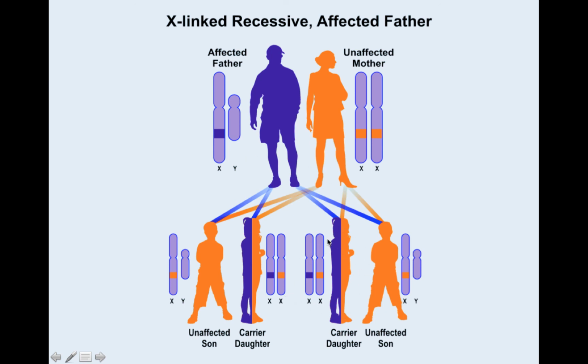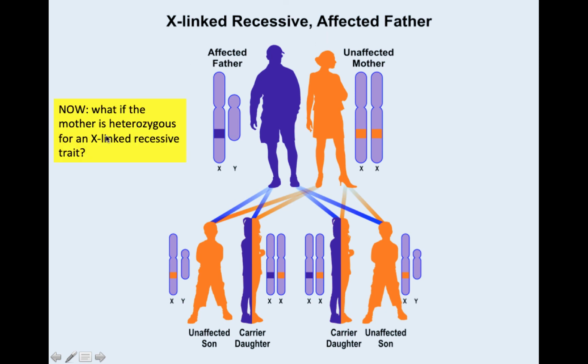These are the other gametes here, because remember, it's this X with this X, or this X with this X, and then there's going to be an unaffected son. The son's going to be fine because he gets a working version of the X from mom. So we call this X-linked recessive with an affected father.